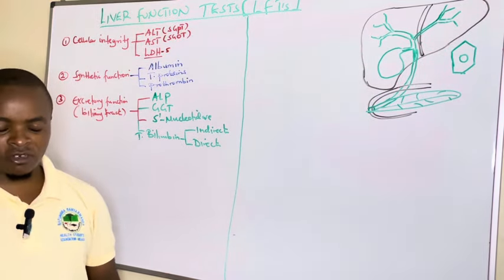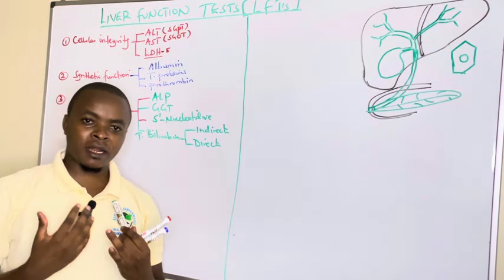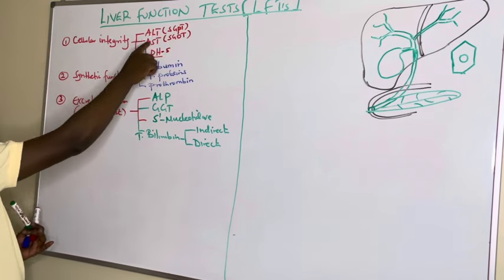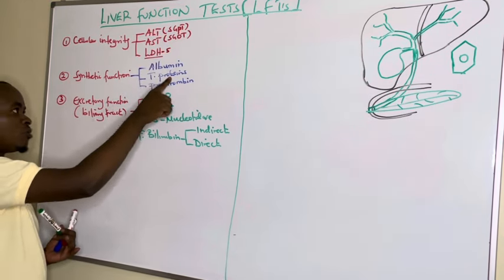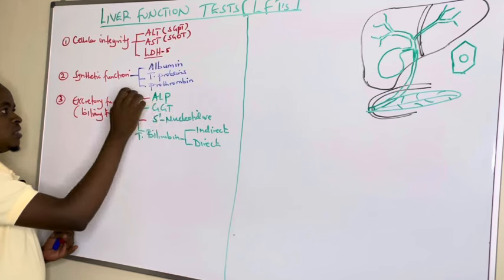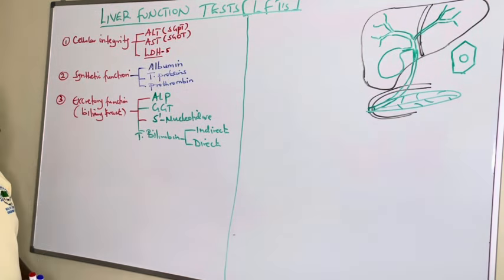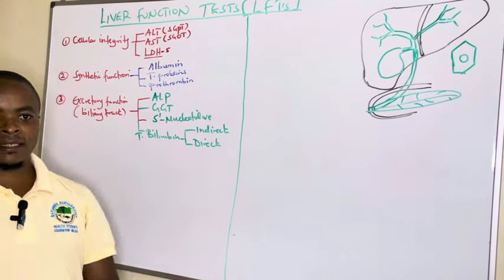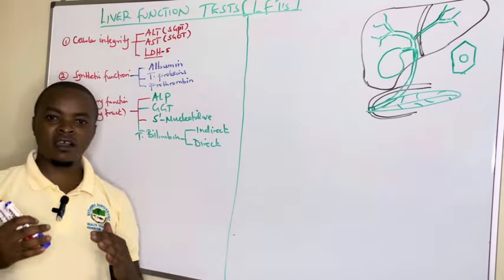Whenever they ask you in an exam to outline any parameters or liver function tests, these are the ones: ALT, AST, LDH, albumin, total proteins, prothrombin, ALP, GGT, 5' nucleotidase, then bilirubin total and bilirubin direct and indirect. So these are the tests that we perform under liver function.